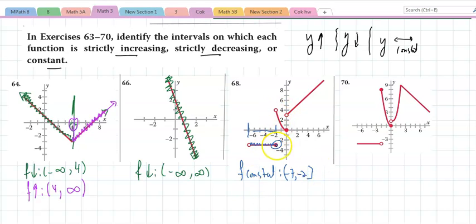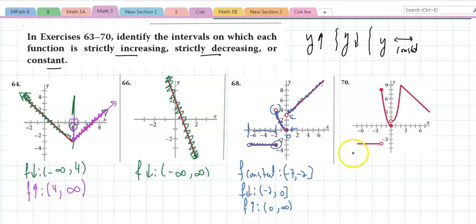After that, you jump up here. Do you see that you're decreasing? And that's from negative 2, not included, because it's right there, to 0, included. And then what happened past 0? Don't you get on this path? Aren't you increasing from 0, not included, all the way to infinity?